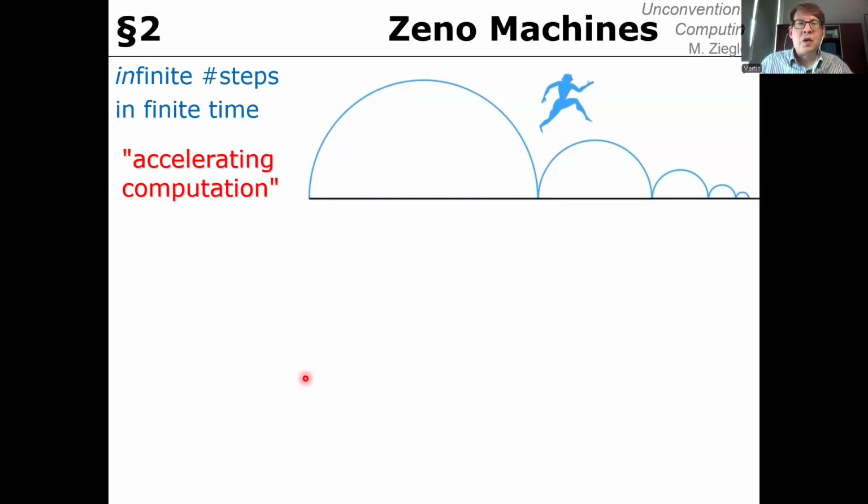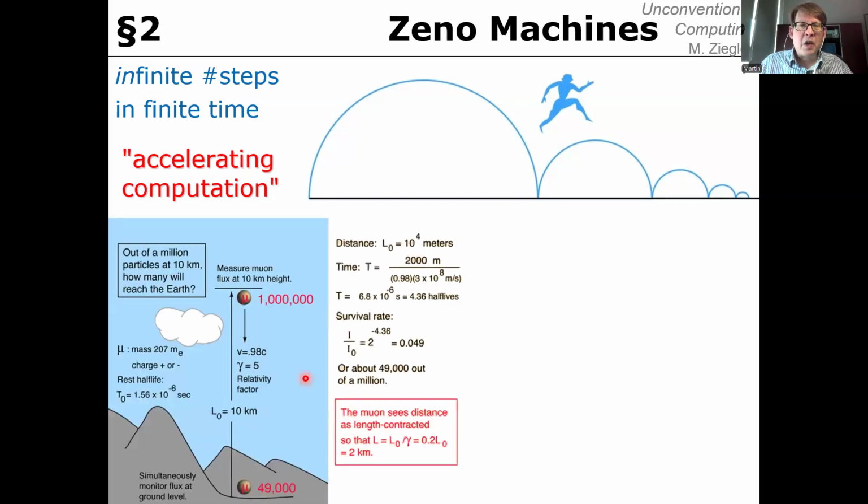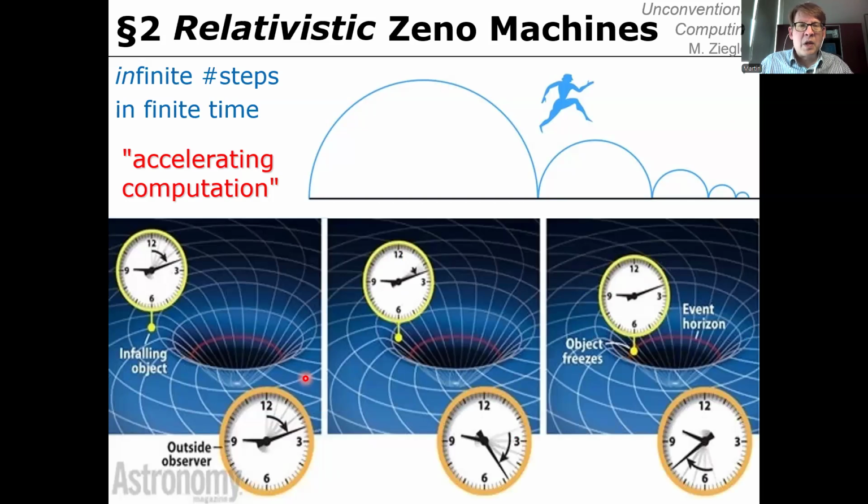And we discussed one possible way of realizing such Zeno machines, namely using relativistic computation, making use of the time dilation, time difference. Clocks run at different speeds for one clock of an outside observer compared to a clock of an object falling into such a black hole. So this is an example of accelerating computation, a relativistic Zeno machine.